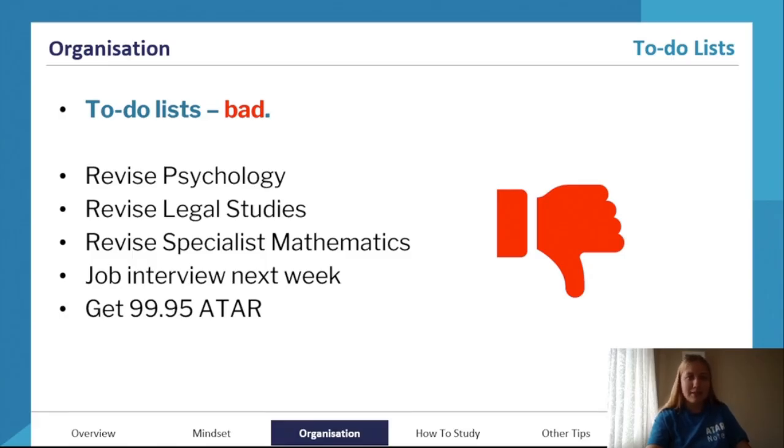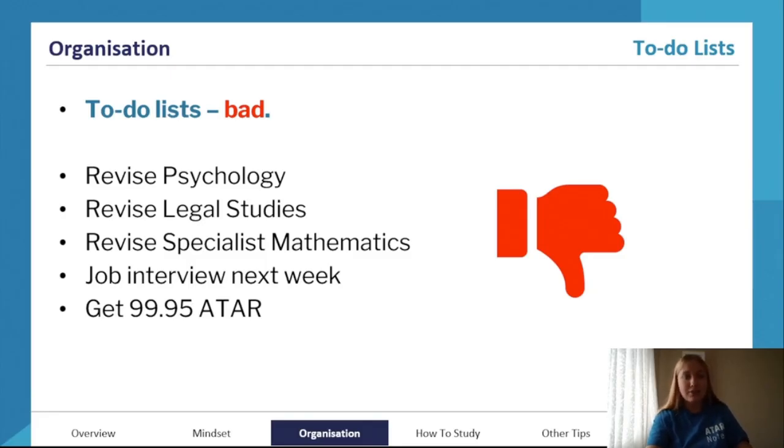Are we doing a practice SAC? Are we answering questions? Are we reading our notes? Doing our notes, etc. It needs to be as specific as possible so that it tells you exactly what you need to do, because also remember, we might forget from when we wrote the list when we're actually trying to use it, and it ends up being an actually effective tool.